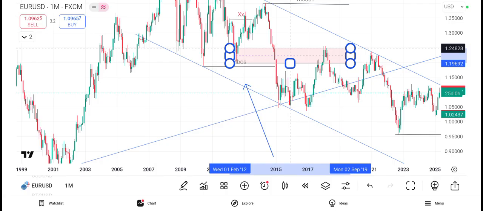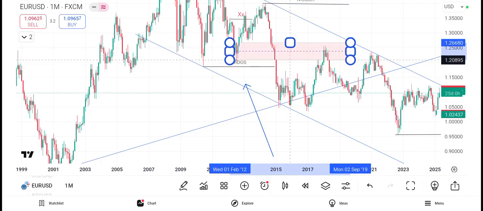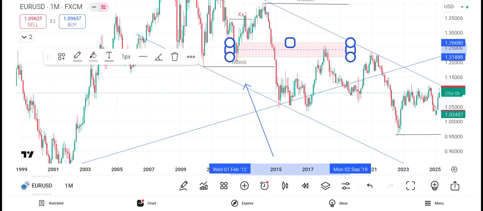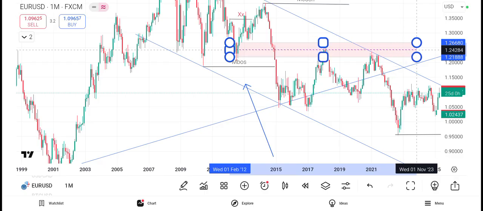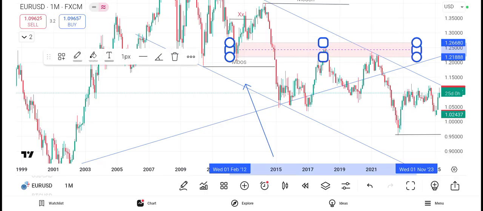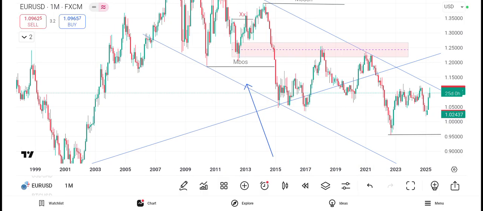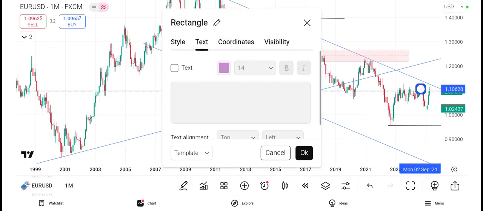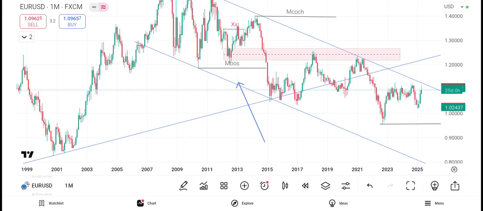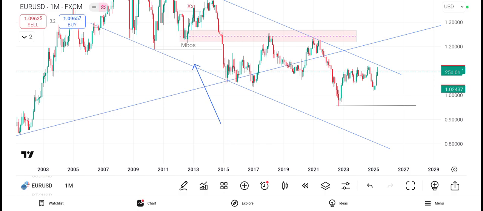Even if you want to use a breakout block from the monthly, which I really do not trade, you could mark this out as a clear zone coupled together with your trend line. So that was what price expected.